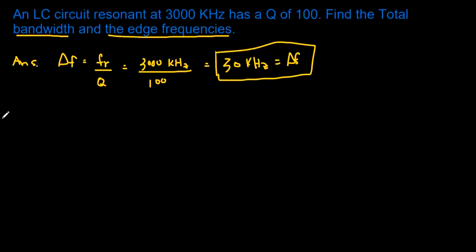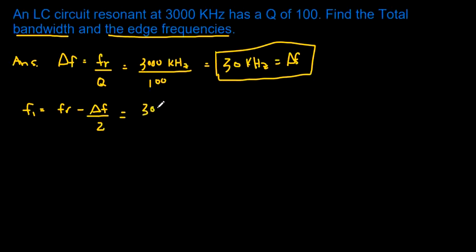Okay, so next is edge frequency. Of course, unahin natin yung F1. So, ang formula niyan again is yung ating FR minus yung ating bandwidth over 2. Okay, so ang FR natin is again 3,000 kilohertz.